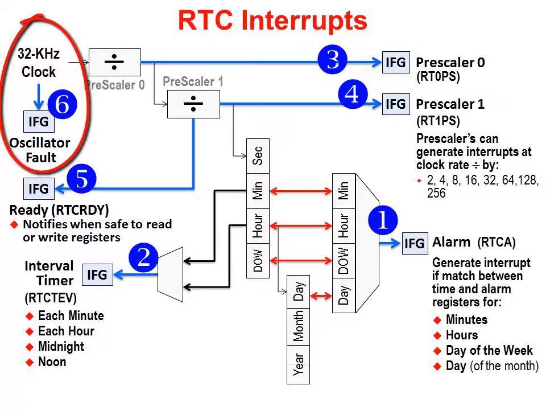On devices that allow the RTC to run in LPM3.5 mode, the CPU would not be able to directly detect that an oscillator fault occurred. Therefore, this RTC interrupt can wake the CPU if something's gone wrong with the external clock. Now that we have all of the interrupts shown on the slide, notice that each of the 6 interrupt types has its own associated interrupt flag bit, or IFG bit. As you might suspect, they work similar to the other IFG bits that we discussed back in the interrupts chapter.